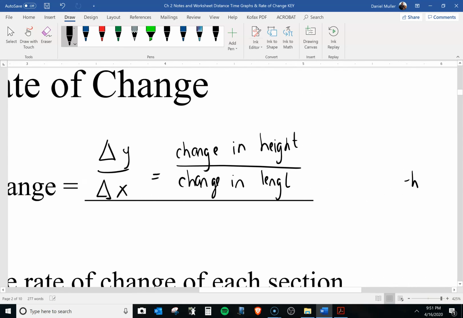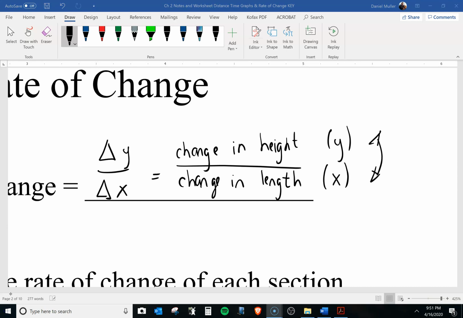So we're looking at the change of our y over the change of our x. And we could have decided, let's do the change in length over the change in height. We could have flipped it around. But someone a long time ago decided, no, we're always going to do the change of our y divided by a change of our x, and then we can compare answers.